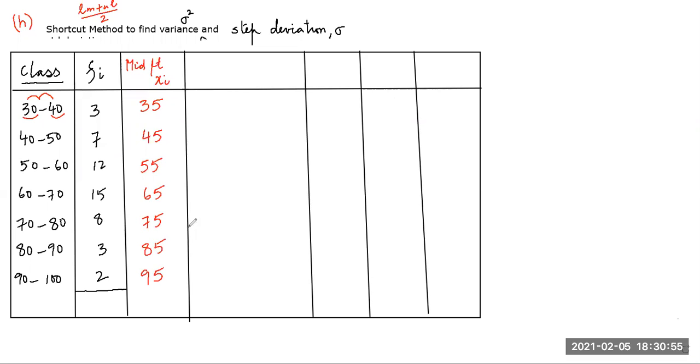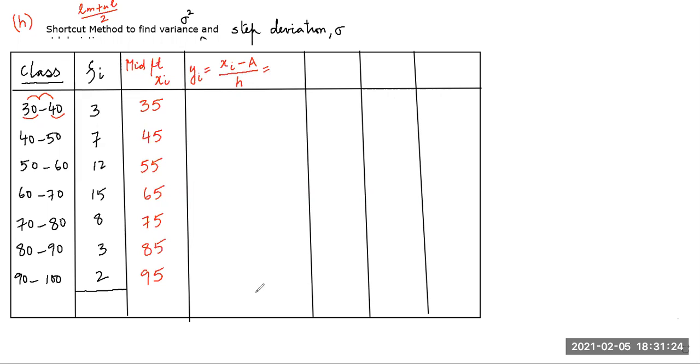Correct. Once we have completed the midpoint, now students, as you remember in the step deviation method we learned in 10th class, we will find yi. Now what is yi? Yi is basically xi minus the assumed mean a, divided by h.